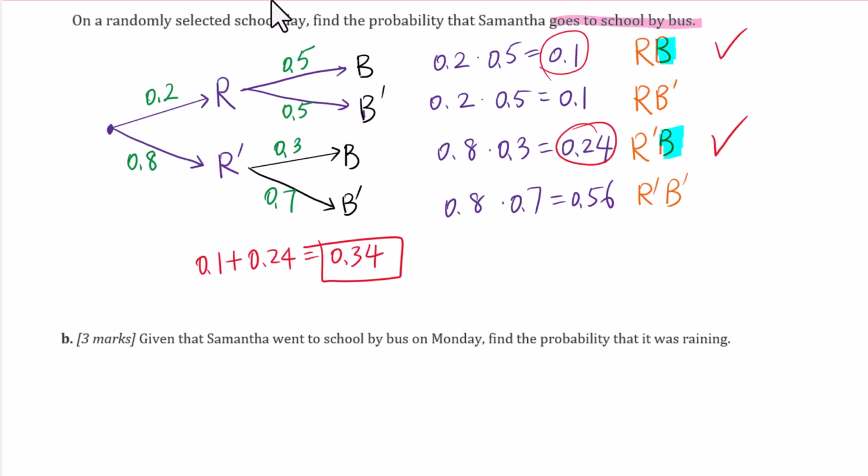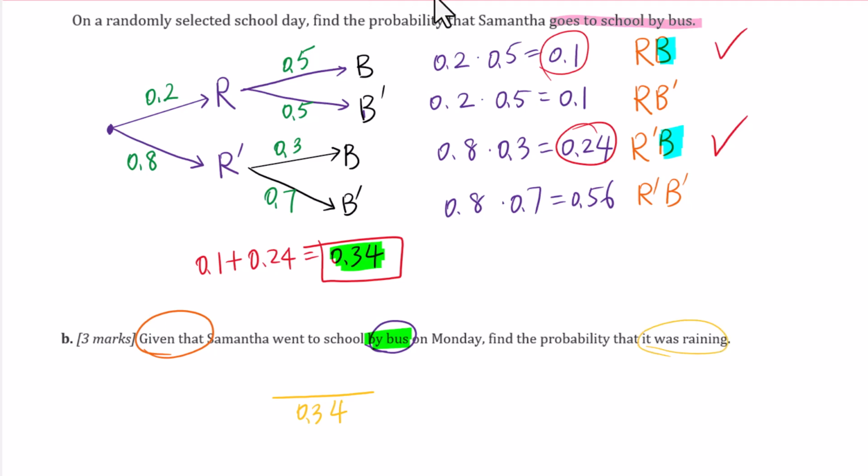Let's go to B. Given that Samantha went to school by bus on Monday, find the probability that it was raining. Given that, we'll go to denominator. The probability for this given that is by bus, 0.34. So 0.34 goes to the denominator.